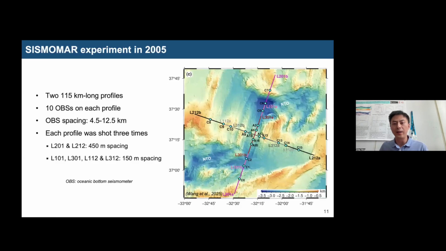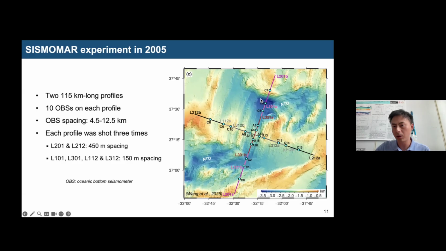So we had a seismic experiment in 2005, and we collected two wide-angle seismic profiles, one along the ridge segment and another one perpendicular to the ridge axis.